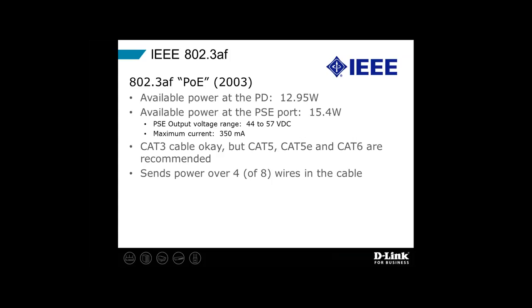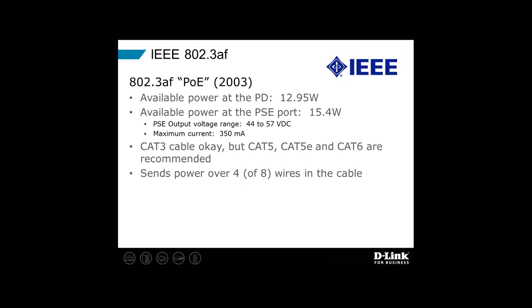So let's talk in a little bit more detail about the first PoE standard. This is AF, which came out, as I mentioned, in 2003. With 802.3af, up to 15.4 watts of power is available at the PSE port. And remember, we're talking about a LAN cable that can be 100 meters long, and we're going to have voltage drop along those 100 meters.